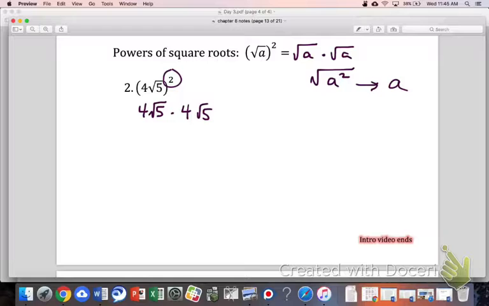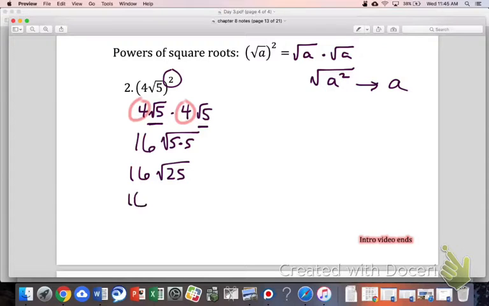We multiply the two coefficients: 4 times 4 is 16. Then I multiply the two radicals together: the square root of 5 times the square root of 5 is the square root of 5 times 5, also known as the square root of 25. To simplify, the square root of 25 is just 5, and therefore 16 times 5 is 80, our final answer.